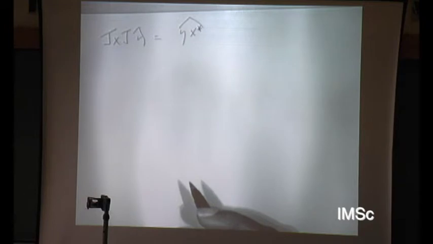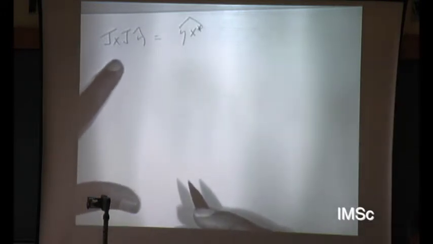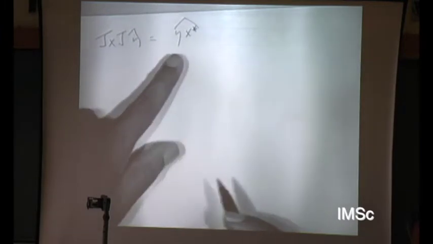I wrote J x star J y hat equals y x the whole hat. So I'm just writing with x and x star interchanged. So one has J x J of y hat is y x star the whole hat.